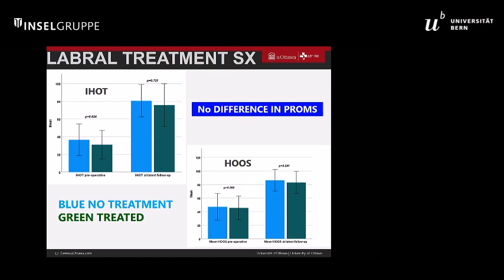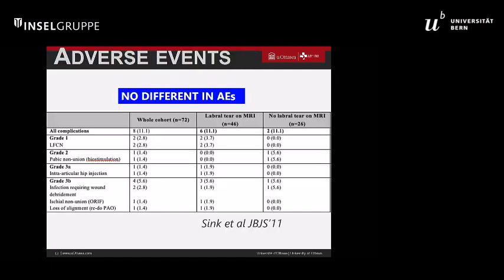Treatment, again, no difference at the 1 year follow-up. We're still waiting for the 2 year follow-up. So no significant difference in your PROMs, both on the IHOT 33 and the WHO score, if you had labral treatment or no treatment at the time of arthroscopy. There was no difference in adverse events in the two groups, tear or no tear.